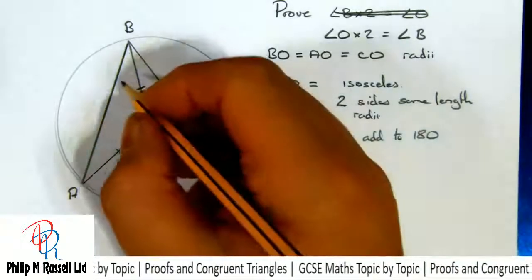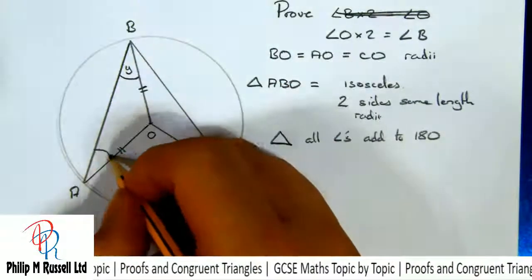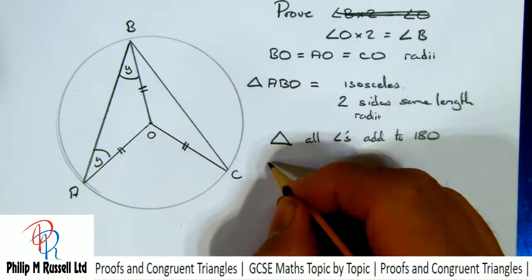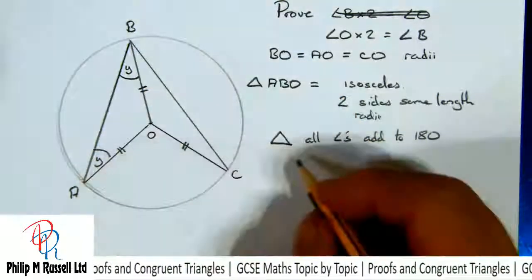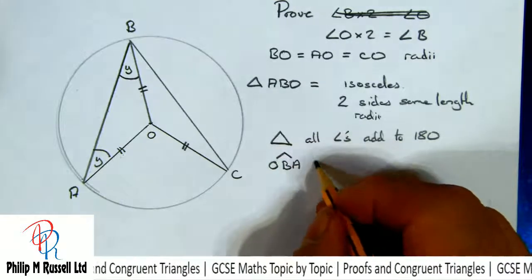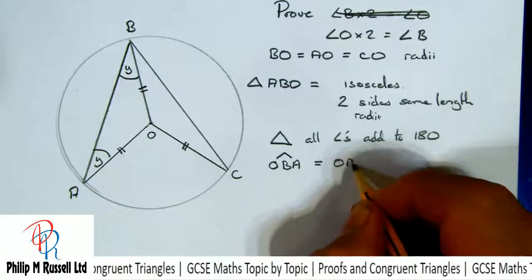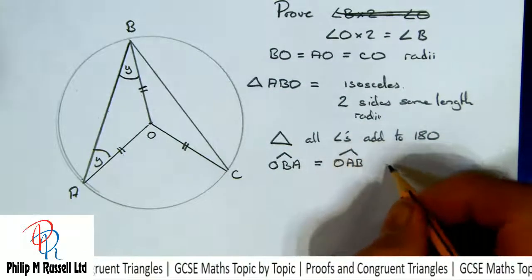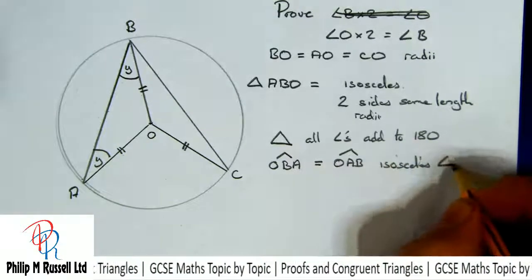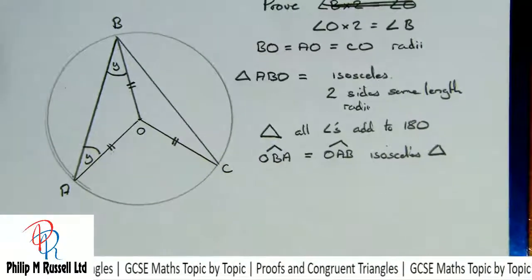So if I look at these 2 angles here, I can look at the angle OBA, and I can say that equals the angle OAB, because again it's an isosceles triangle. And you notice I make a lot of cheating here with symbols.